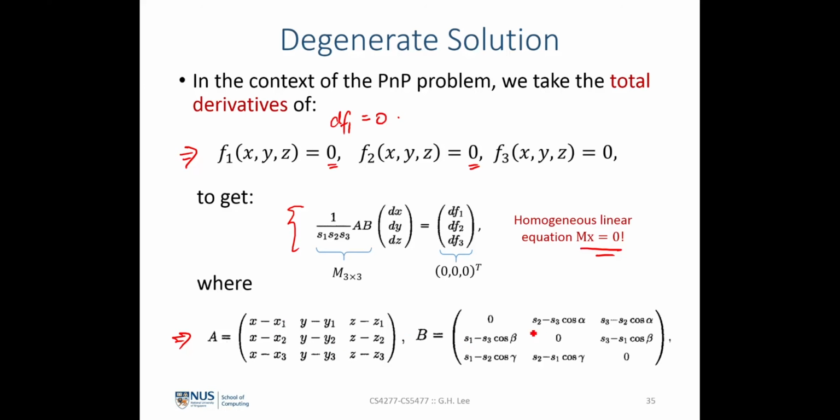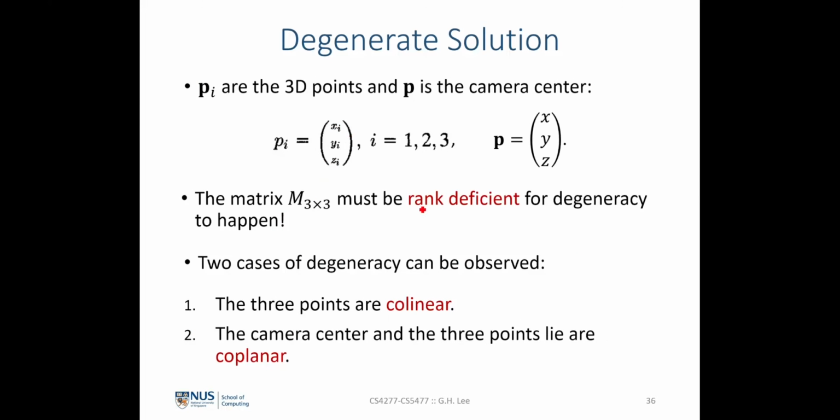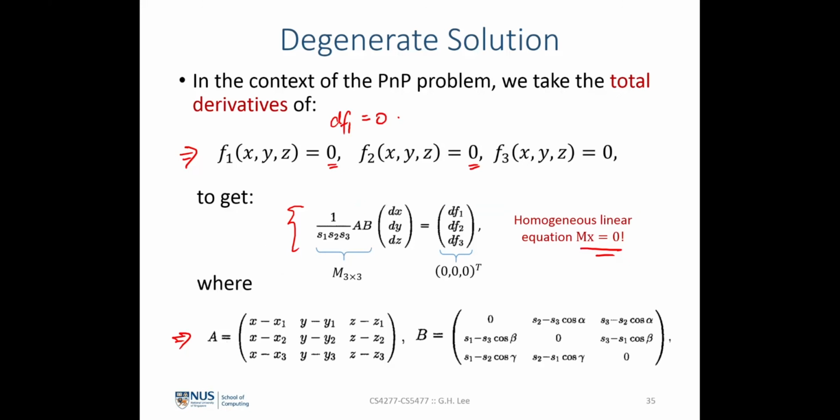And B is a function of s1, s2, s3, as well as cosine alpha, cosine beta, and cosine gamma that we saw earlier on. In this particular case, for degeneracy to happen, a small perturbation that leads to a non-trivial solution is going to be given by the case where M is rank deficient.